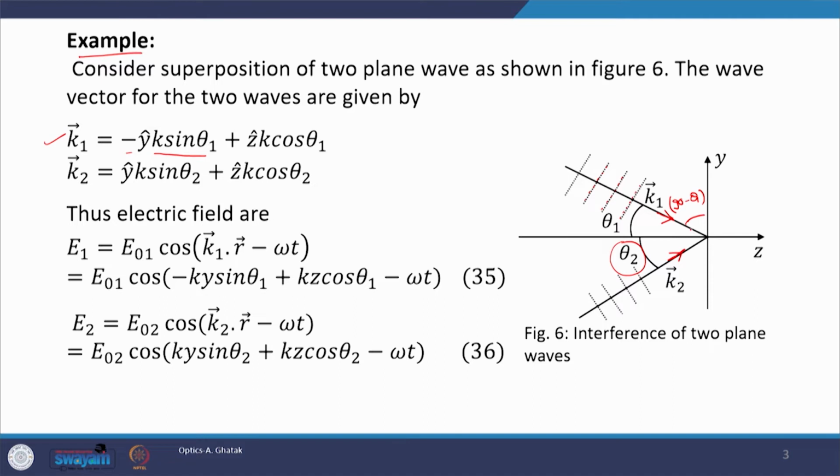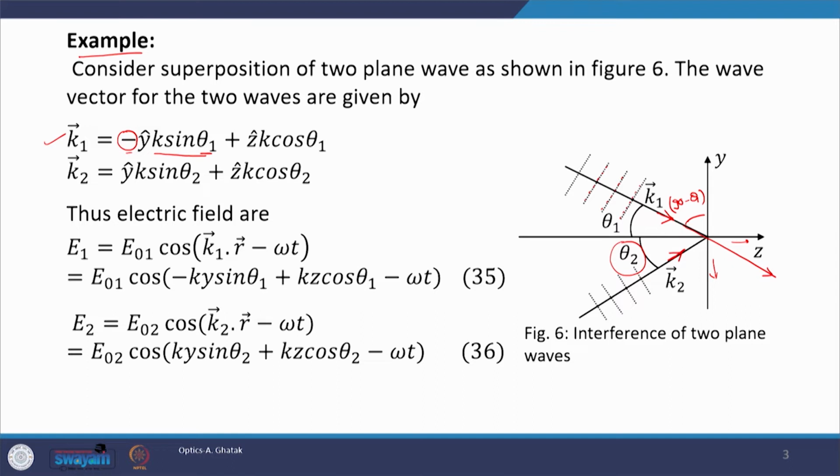Now, you see that k is directing in this direction. Since k is pointing in this direction, and in this direction z axis is positive while y axis is negative, it is going down. Therefore, there is a negative sign here before y cap. And theta 1 is the angle which the ray makes with the horizontal z axis as stated before.